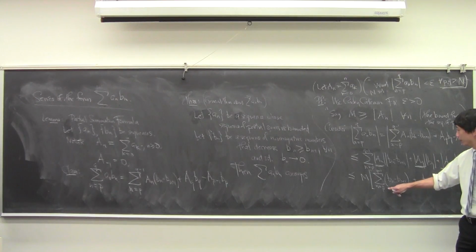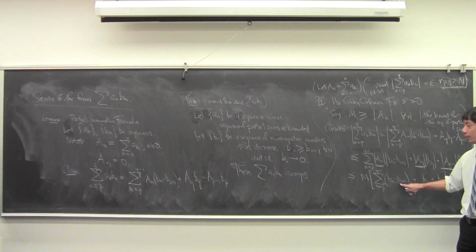What happens? Well, here you get b sub p minus b sub p plus 1, and then plus b sub p plus 1, minus b sub p plus 2, plus b sub p plus 3, minus b sub p plus 4, etc., etc. Right?